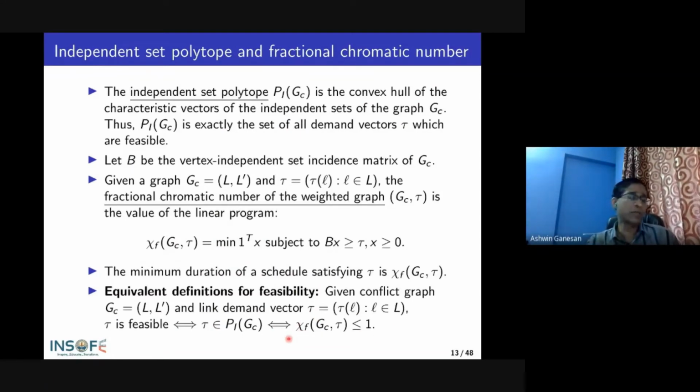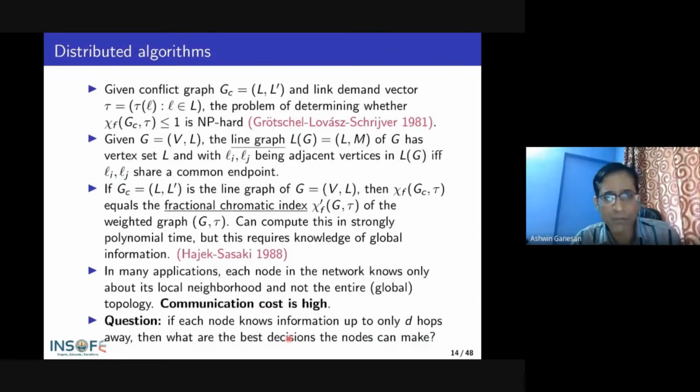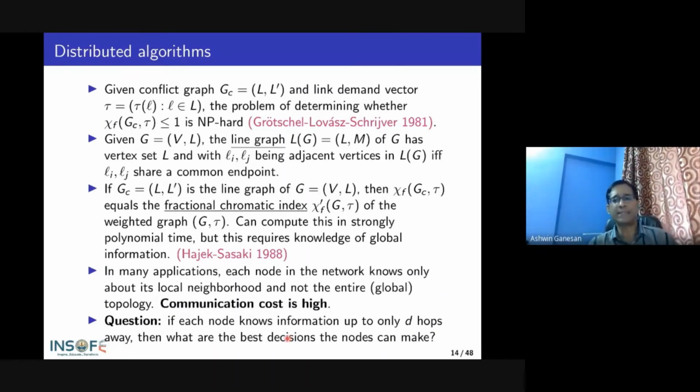in a distributed manner. So the thing is, we basically want to answer the question, is the fractional chromatic index of an edge-weighted graph less than or equal to 1 or not? But we want to do it somehow in a distributed manner. So here's the main question. If each node has information up to only d hops away, a hop is the same as an edge.